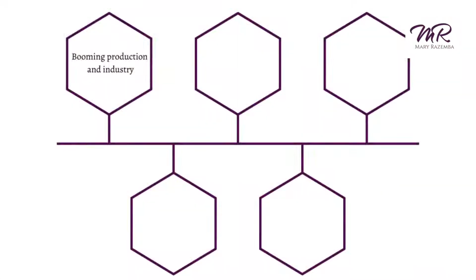So I've made a very interesting chart for you so you can follow how we come across these labor shortages. There are 5 things that had to happen for these labor shortages to come into effect, and here is number 1. The first thing that had to happen was in the early 1900s, which was a booming in the production industry.